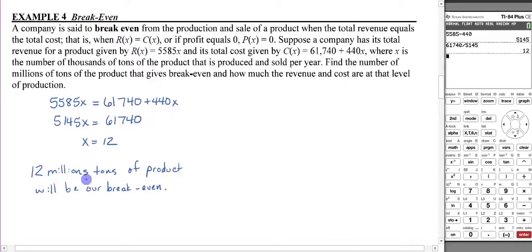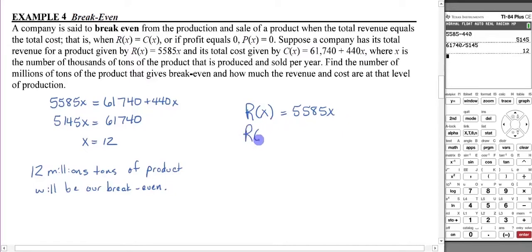The next thing that we want to do is to find the revenue and the cost at this level of production. So your revenue function is 5585x. That means the revenue given this many millions of tons of product will give us this amount of revenue.